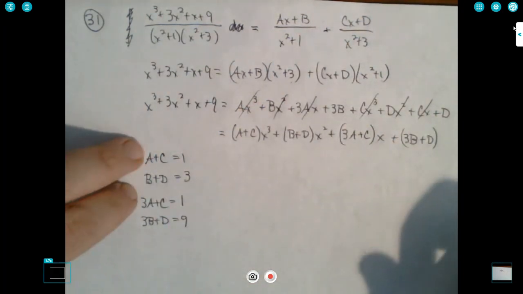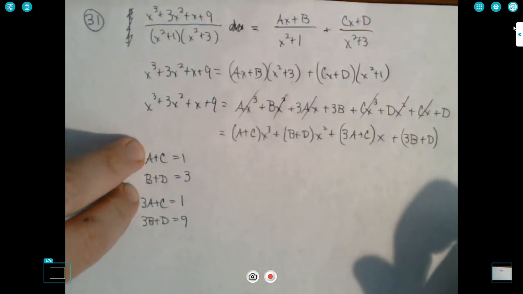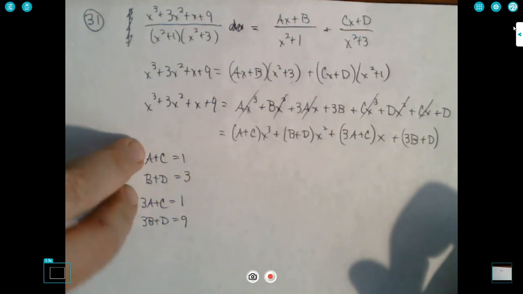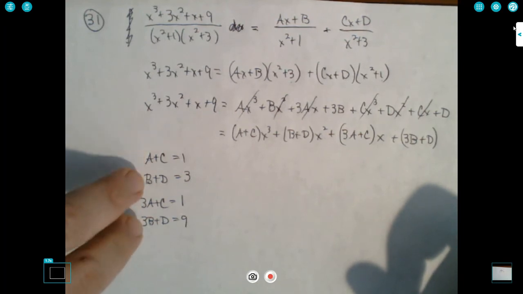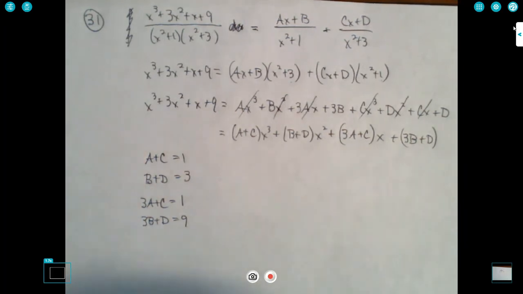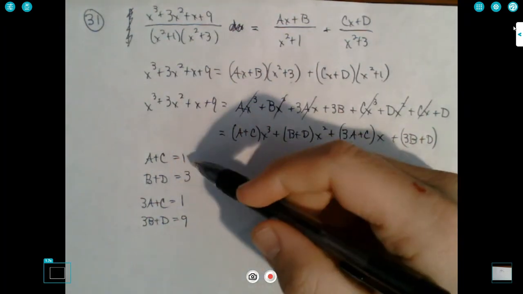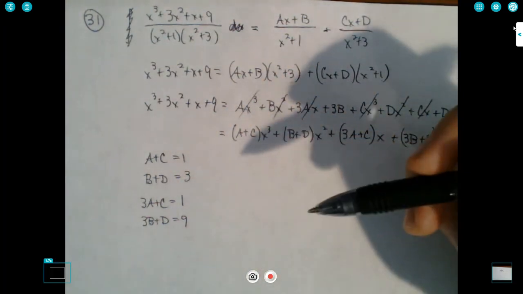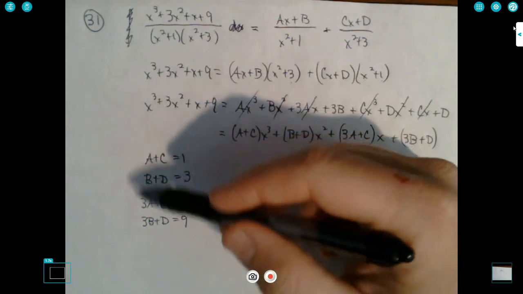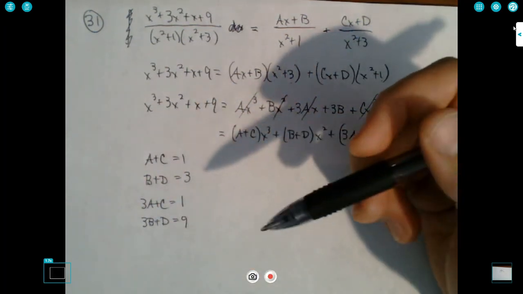This is kind of nice. It's almost like two separate systems, because you could solve for a and c just by looking at these two equations, and you can solve for b and d just by looking at those two equations. So if a plus c has to equal 1 and 3a plus c has to equal 1, well, I could just subtract those two equations.